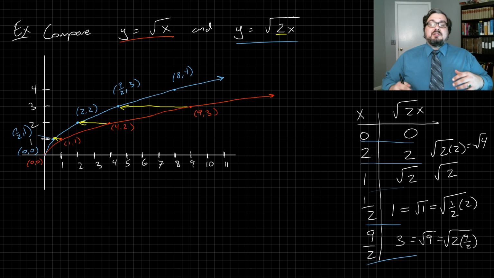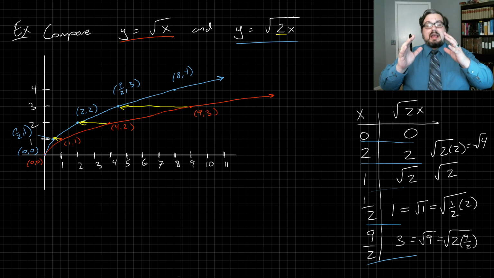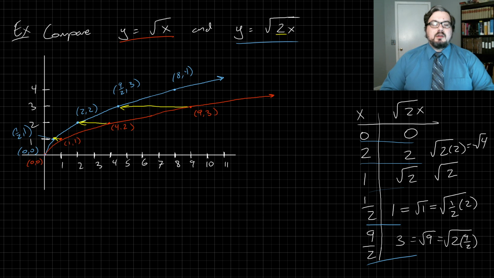So when you have a number bigger than 1 being multiplied by the x inside a function, that's going to compress the function down. And when you have a number smaller than 1, that's going to stretch the function out. So let's summarize these two rules for scaling.